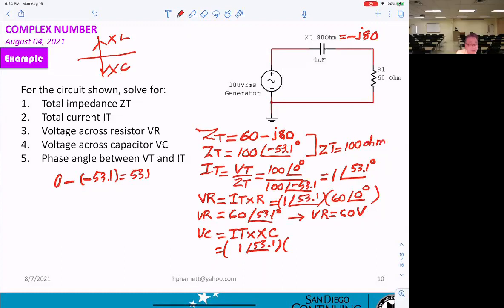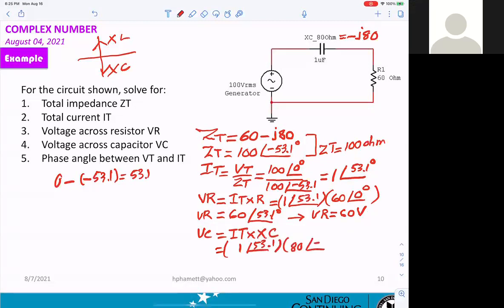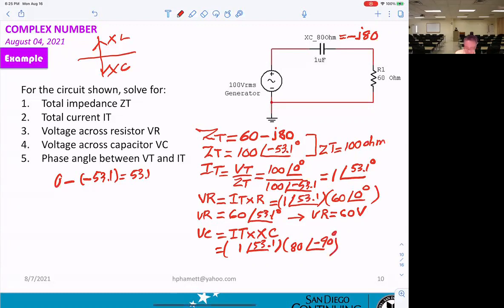How about XC? It's 80, angle negative 90. Right? Yeah, and the angle is negative 90. So it will be 80. What's the angle?